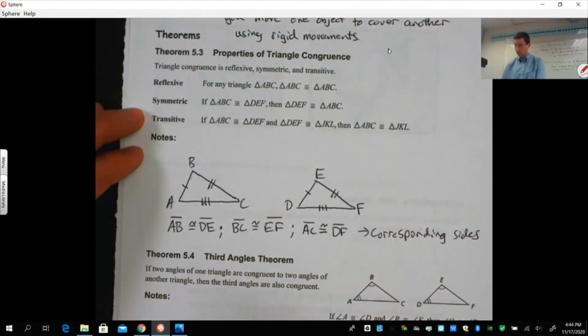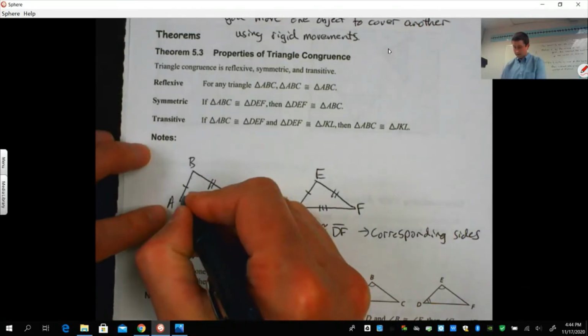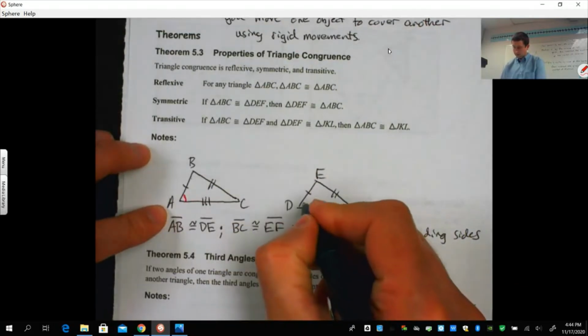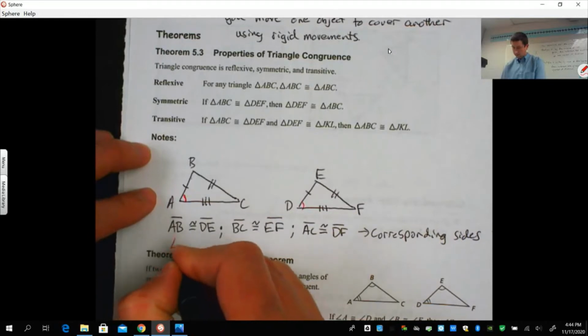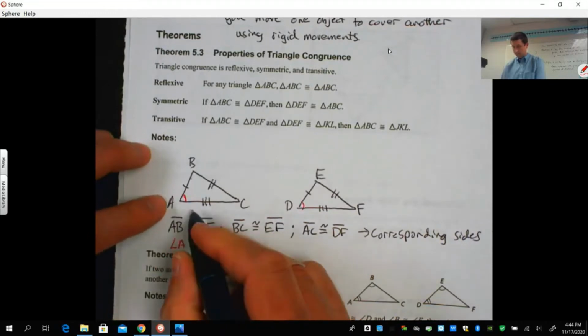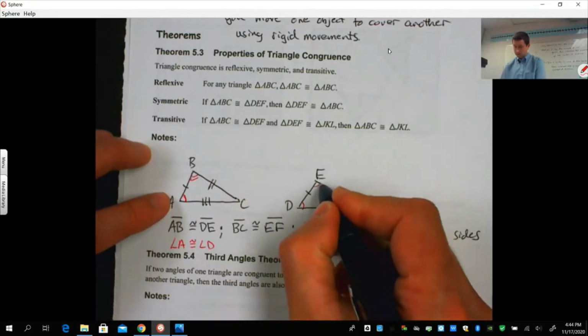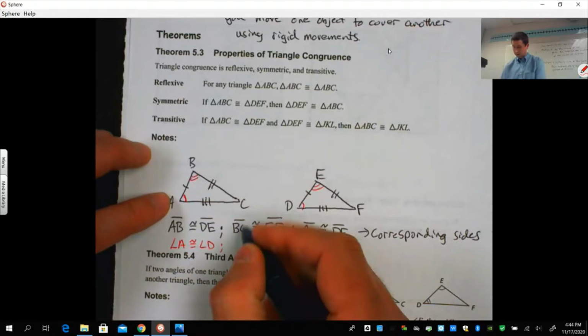We can also do corresponding angles. Angle A corresponds to angle D, so I'd say angle A is congruent to angle D. Angle B is congruent to angle E. That's its corresponding part.